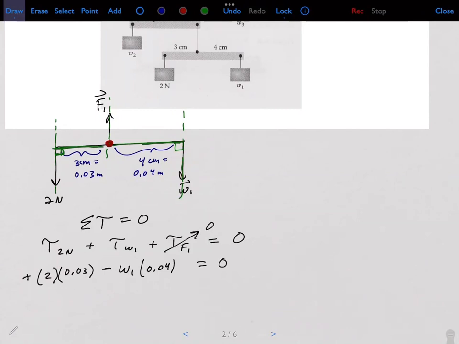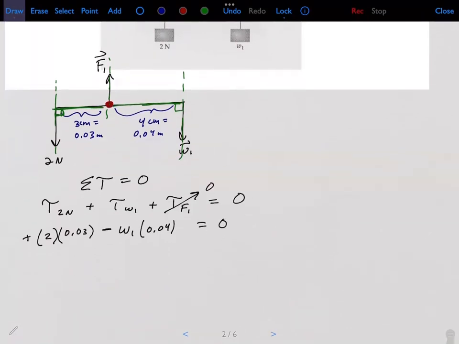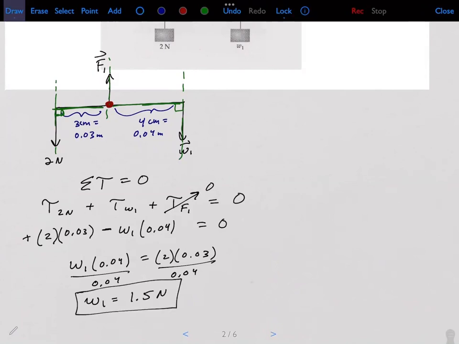Now if I solve this for W1, I get W1 times 0.04 is equal to 2 times 0.03. If I divide by 0.04, W1 is going to end up being 1.5 newtons. Okay, so I have W1 now.